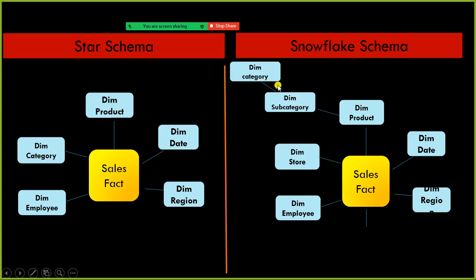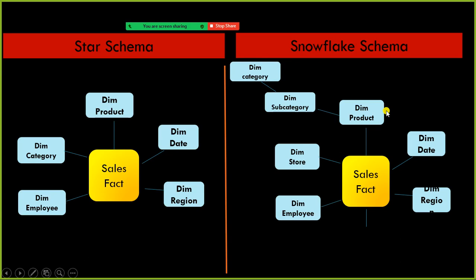These 2 dimensions have no direct relationship with the fact table. In general, when it comes to star schema, all the dimension tables get directly linked up with your fact table. But here there is some kind of hierarchy, right?